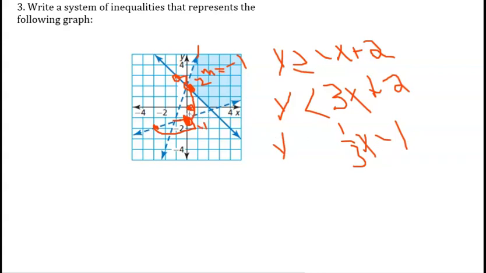Again, (0, 0) would be included here, because if you shaded this side with the solution, (0, 0) would be part of that. So 0 is something to negative 1. 0 is greater than negative 1. So this would be our system of 3 linear inequalities.